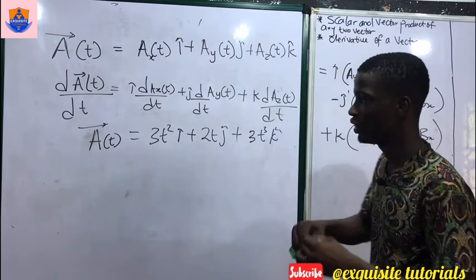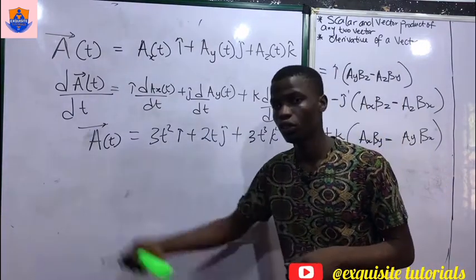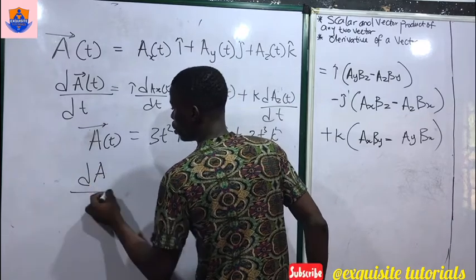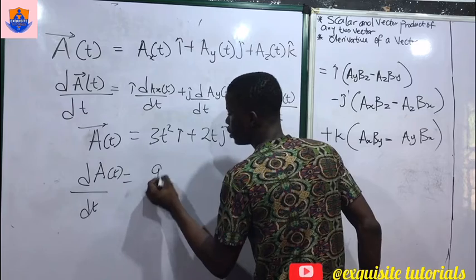We're told that this vector is the displacement, and we're told to calculate the velocity of it. So if I'm trying to get the velocity, it will give you 9t squared.